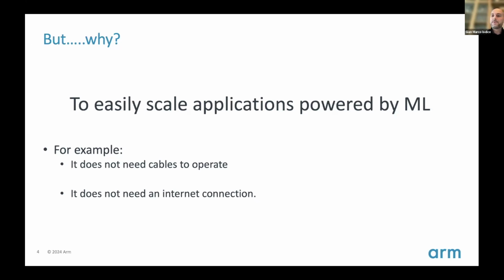Certainly you can build an infrastructure where you have internet connectivity and sensors, but with TinyML, we can make this use case very simple and cost-effective, because your device does not need cables to operate, as it can be battery powered, and does not need an internet connection.